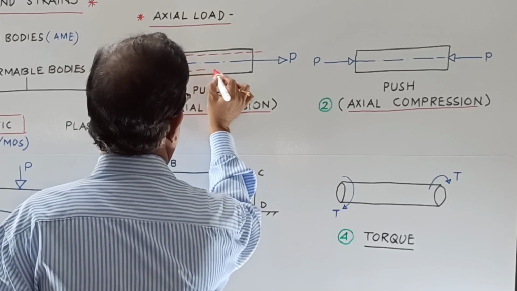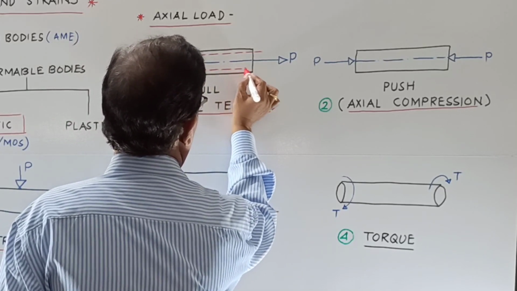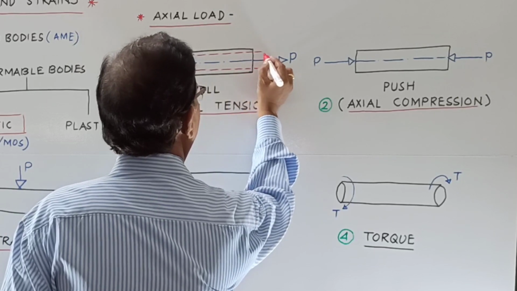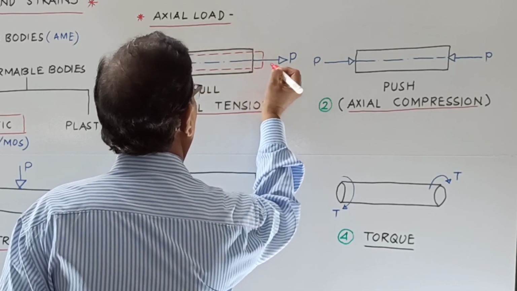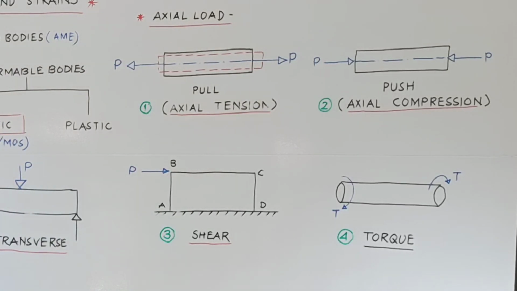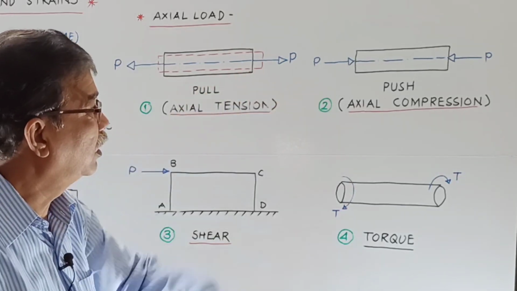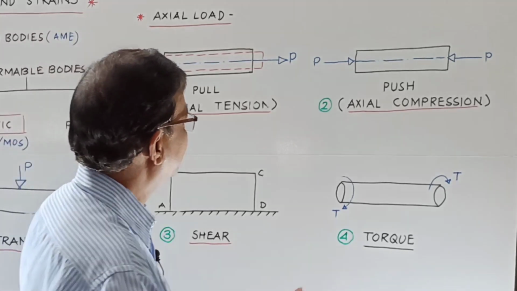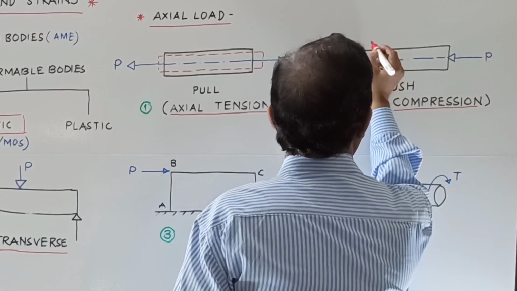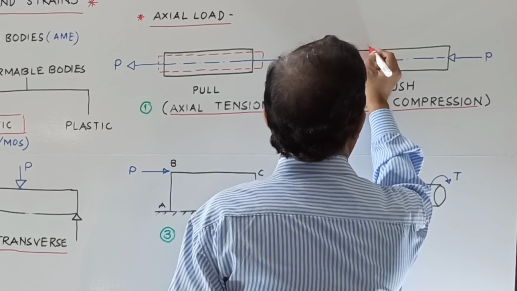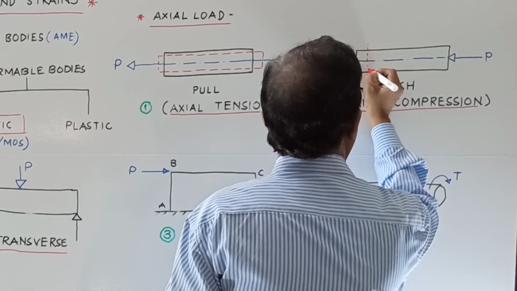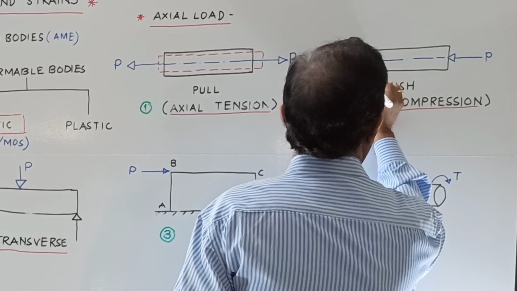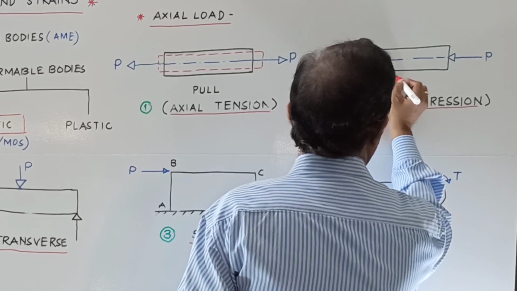So in case of axial tension, there will be increase in the length of the body. So deformation will be in the form of extension. In case of pushing load or compressive load, the deformation will be contraction. Contraction means what? Decrease in the length.